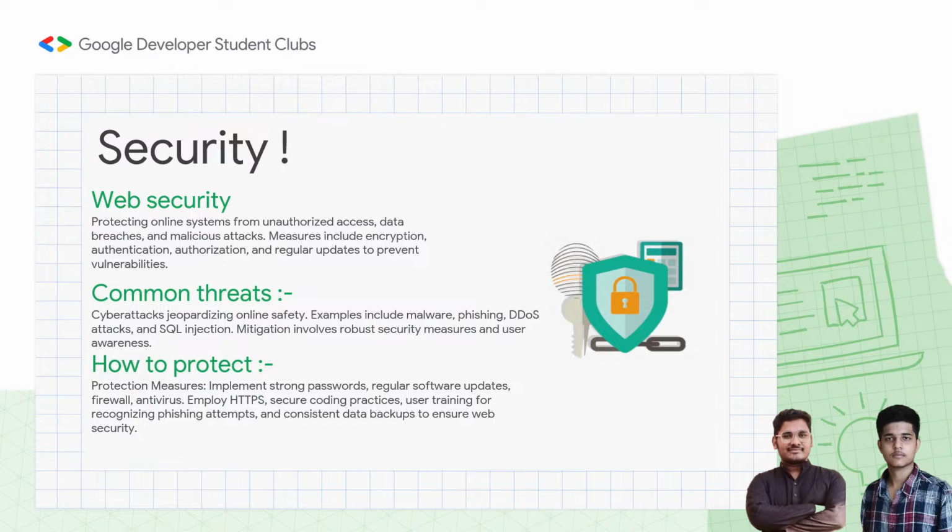Even when you are using Google Cloud Platform, you can see the data encryption option. Google also provides that. So that is also important while making a website or an app. Okay, so move to the next slide.